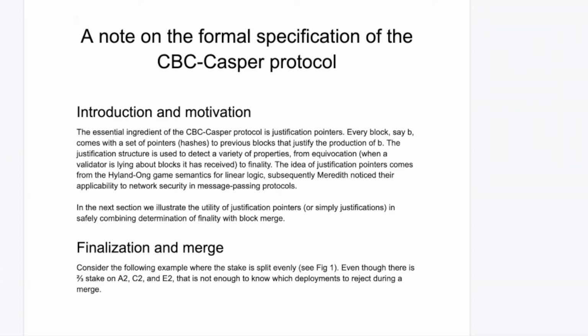So that's kind of the background where the justification pointers came from. I will point out that it was Vlad who observed that we could use the justification pointers to detect equivocation. So that was his contribution.